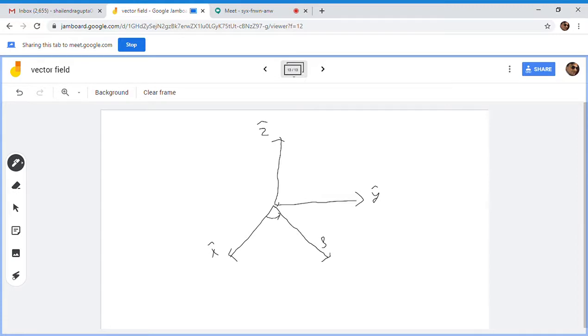Let us say that on this line we are observing our magnetic field. What will it become? At the origin it will be 0.